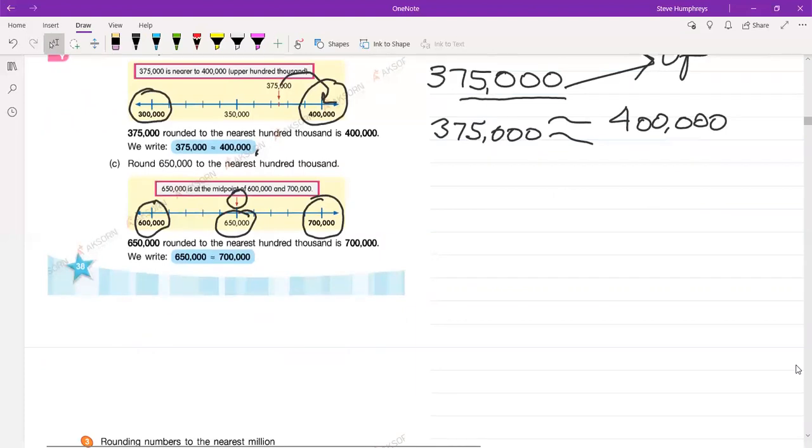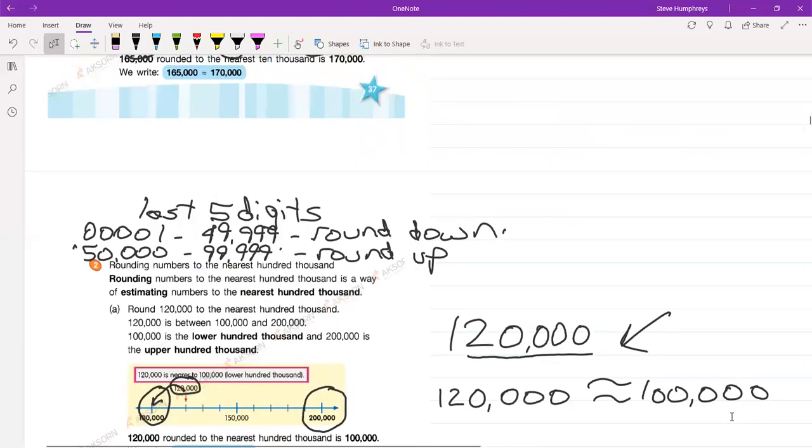Look at your last 5 digits. I'll write it here. 650,000. Last 5 digits, 50,000. It's in that range there.